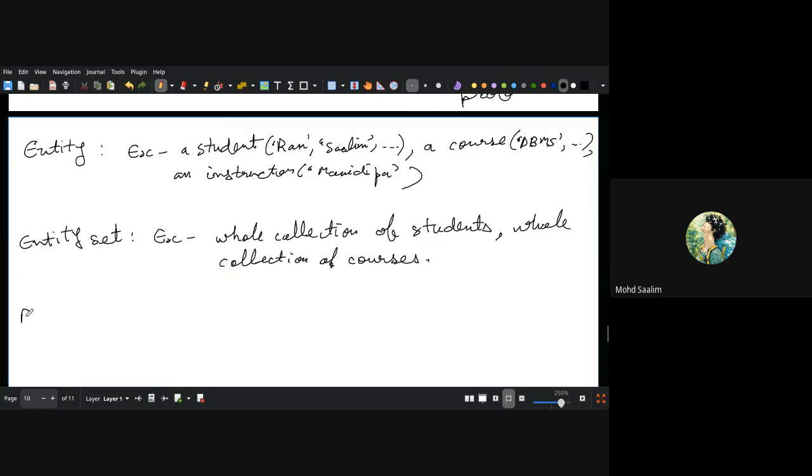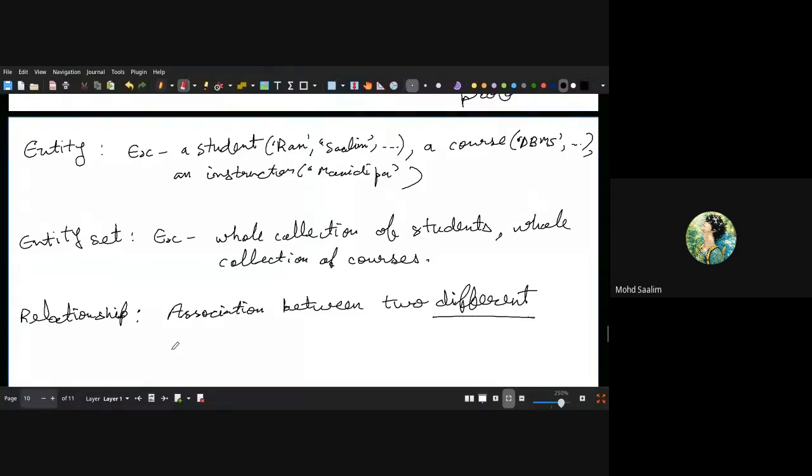Now, the second thing is relationship. This is important. A relationship is an association between two different entities. And when I call them different, I mean that their schema is different.